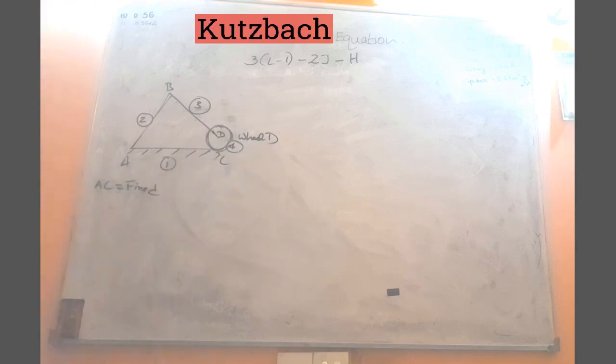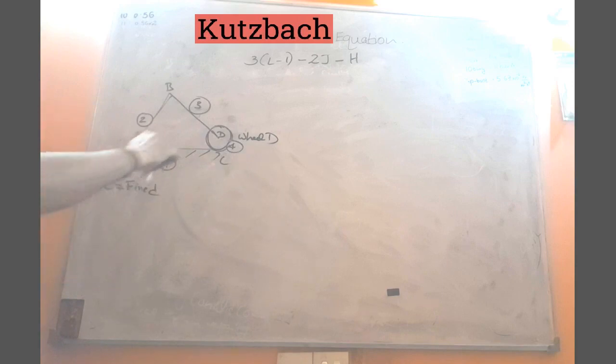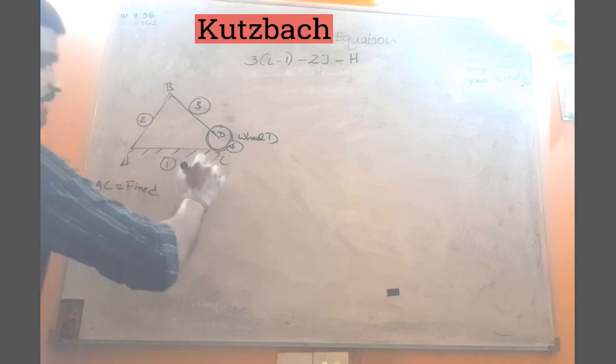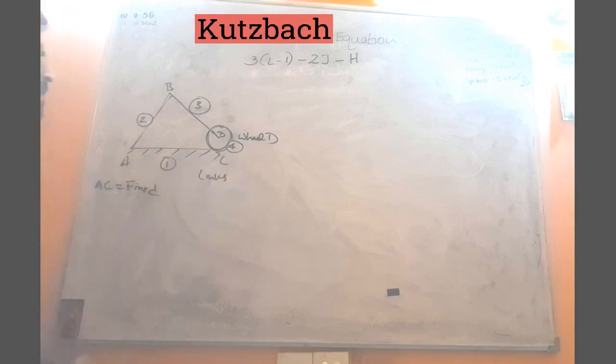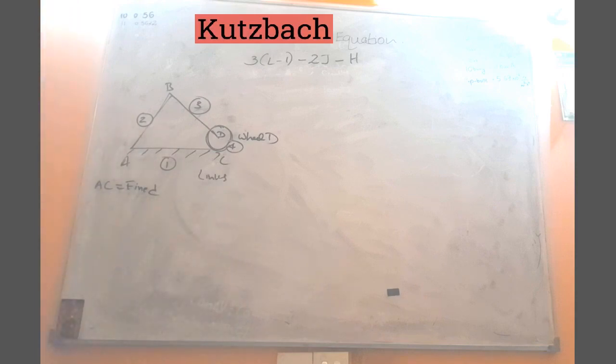So link AC is label 1, link AB is label 2, link BC is label 3, and wheel D is label 4, because these are what we refer to as links.